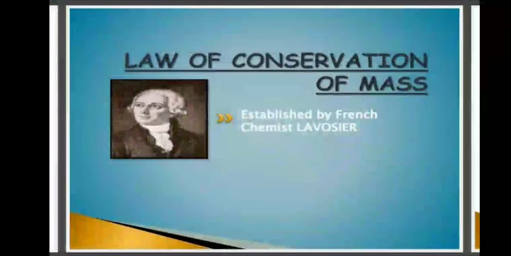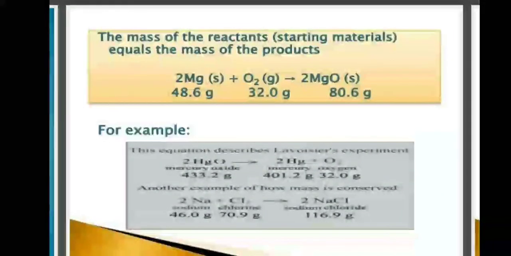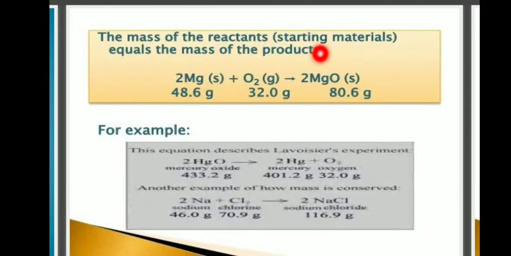First one, law of conservation of mass, established by the French chemist Lavoisier. Statement: in any chemical reaction, the initial weight of the reacting substances is equal to the final weight of the products. The mass of the reactants, starting materials magnesium and oxygen, equals the mass of the product, 2 MgO.